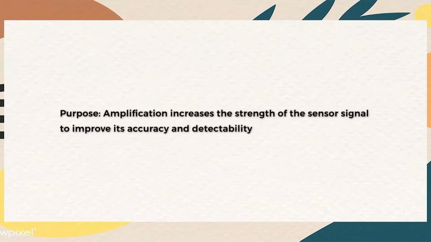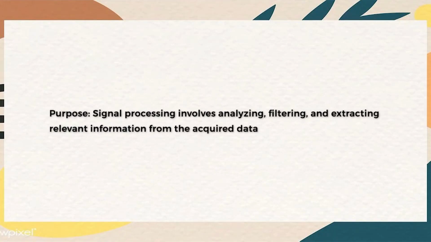Third is amplification. Amplification increases the strength of the sensor signal to improve its accuracy and detectability. Fourth is signal processing. Signal processing involves analyzing, filtering and extracting relevant information from the acquired data.